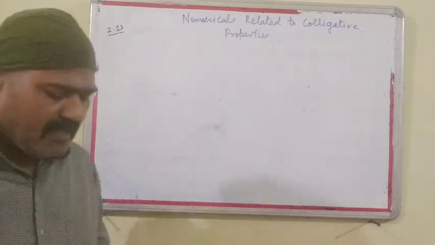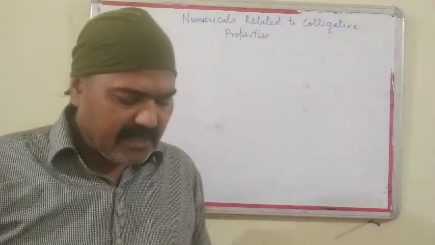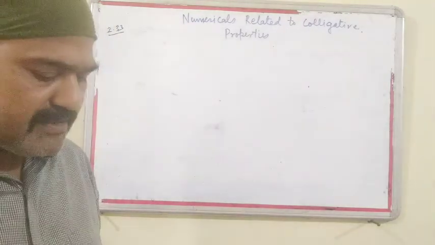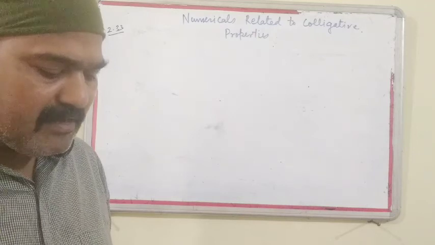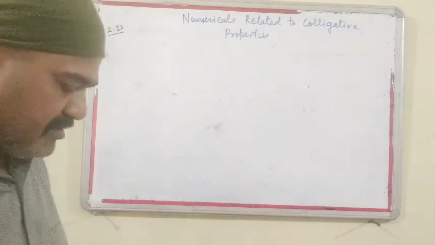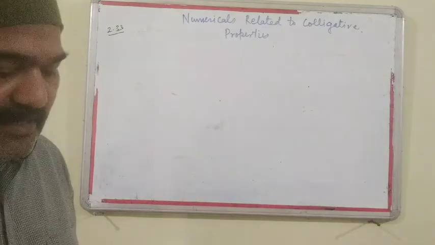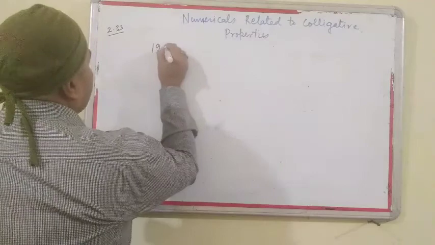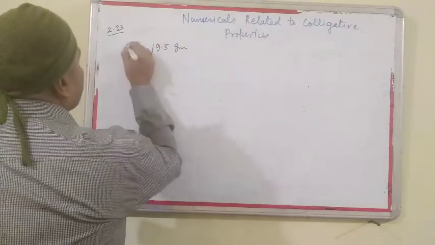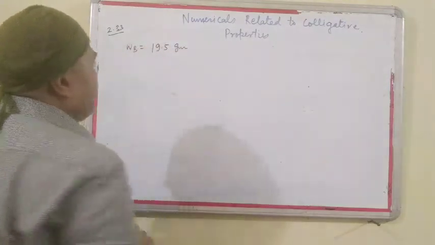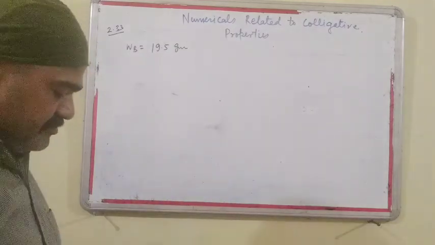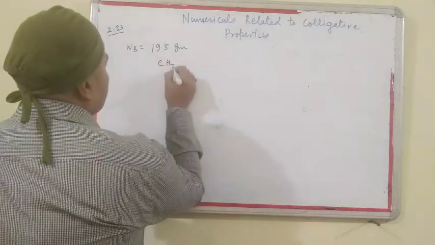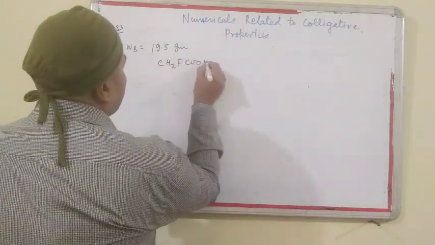This question says that 19.5 gram of CH2FCOOH, fluoroacetic acid, is dissolved in 500 gram of water. 19.5 gram we can write as WB, of CH2FCOOH.